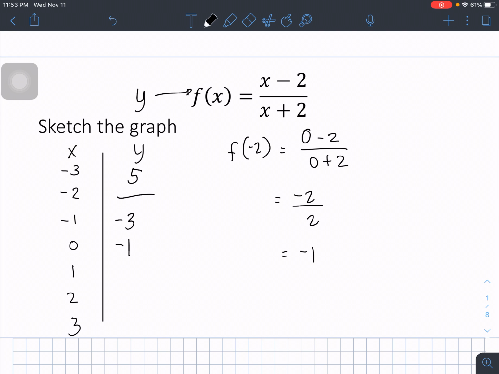Okay, so if x is equal to 1, we will be having 1 minus 2 will be -1. 1 plus 2 is 3, so this will be -1/3.